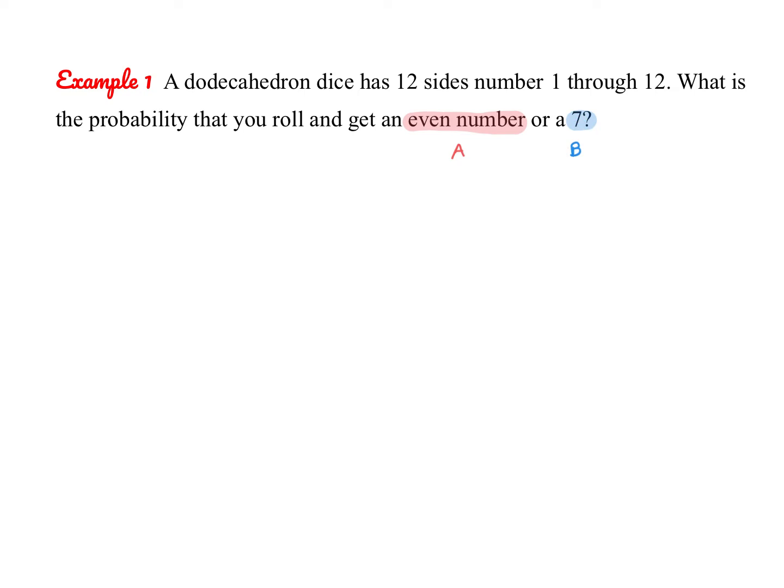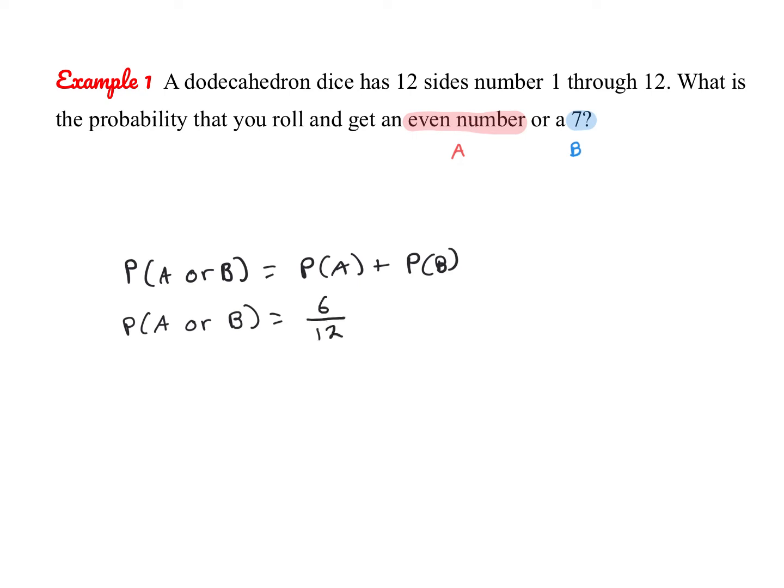So if we want to find the probability of rolling a dice that is even or 7, we're going to find the individual probabilities and add them up. So we're going to find P of A or B by doing the probability of event A plus the probability of event B. So in this case, the probability of rolling an even number, there are 12 possible options and there are 6 even numbers, so 6 over 12.